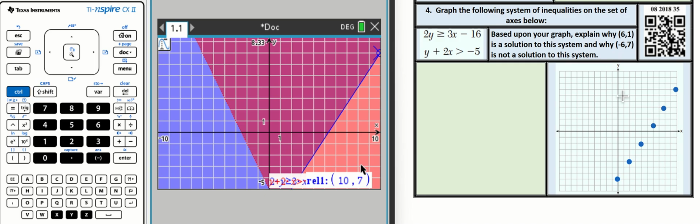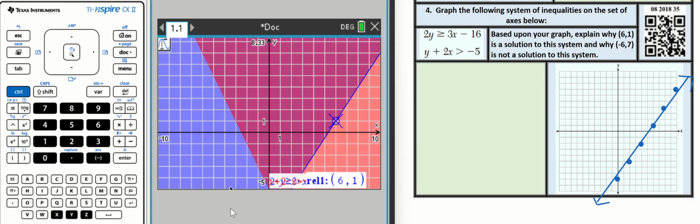So we have 10, 7, 8, 4, and 6, 1. So this is a line, so we will draw a line all the way, making sure it goes completely off the graph, because it just keeps on going, right? It never stops.